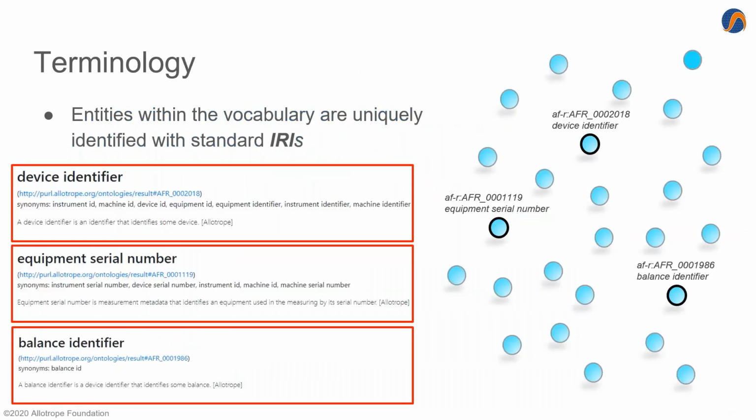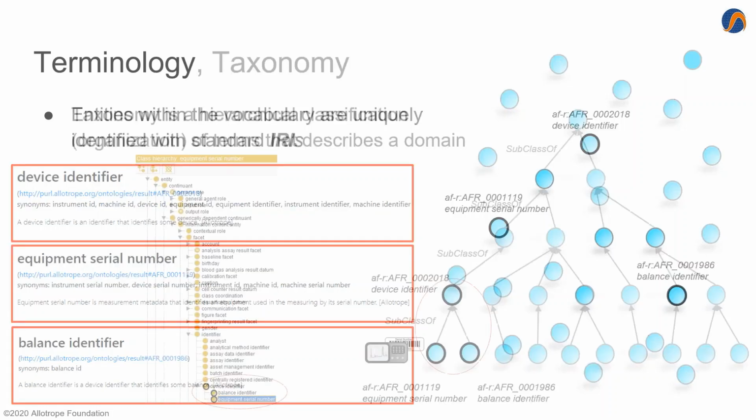So now that we have our terms, let's organize our terminology. Entities within the vocabulary are uniquely identified, as we said, by a standard IRI. In this example, we have 3 identifiers: the device identifier, the equipment serial number, the balance identifier, 3 IRIs, 3 terms. Let's organize them in our taxonomy.